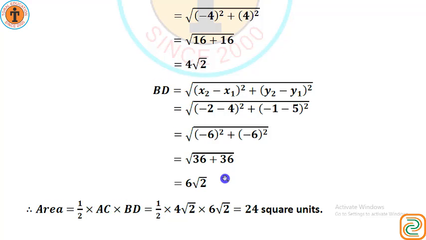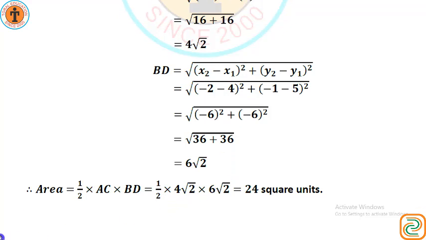Now area, it's very easy. Area equals half into AC into BD, that is the product of diagonals. Half into 4 root 2 into 6 root 2. Root 2 into root 2 is 2 and here 2 2s are 4. 6 2s are 12, 2 12s are 24 is our answer.